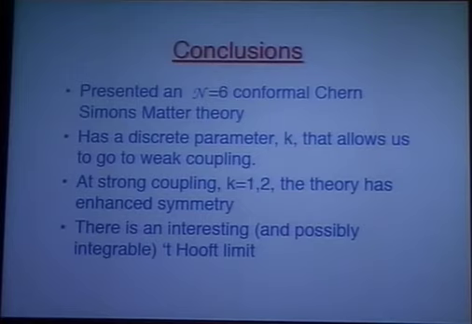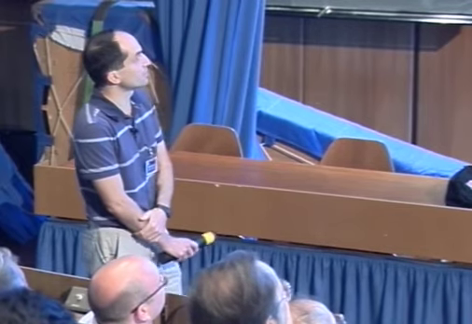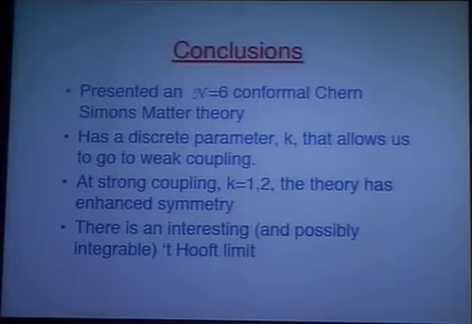So in conclusion, we presented an N equals 6 conformal Chern-Simons matter theory that has a discrete parameter k that allows us to go to weak coupling. And so the Lagrangian becomes trustworthy. The coupling multiplies the whole overall Lagrangian, and so the fact that we can go to weak coupling ensures that this Lagrangian description is weakly coupled.